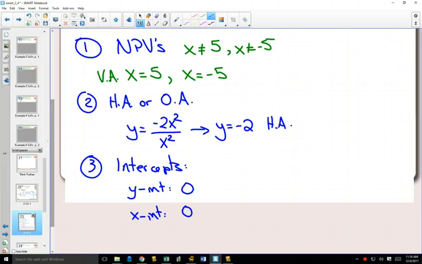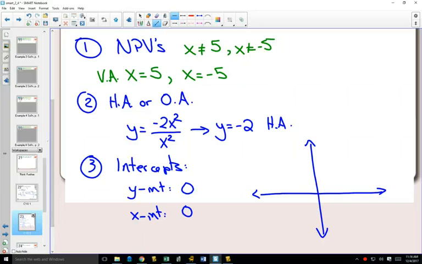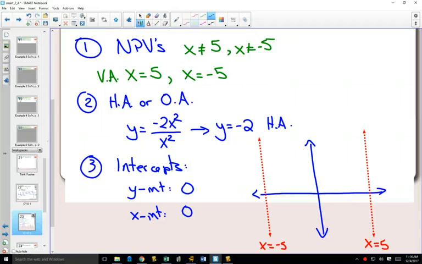So now when we look at graphing this, step 4, drawing the graph, we add all of our asymptotes. So we have asymptotes at negative 5 and 5, and we have an asymptote at y equals negative 2.